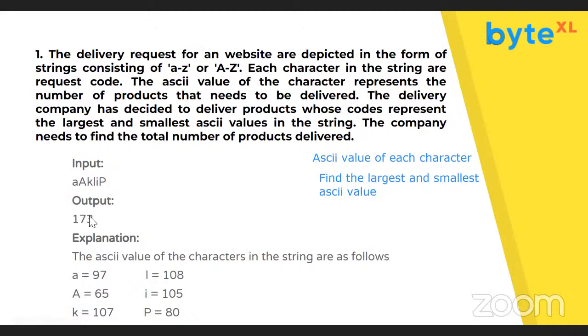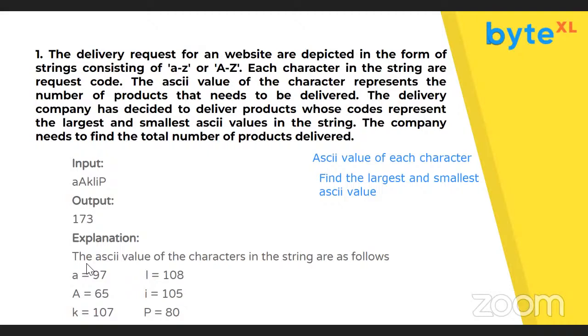The output which they have given is 173. So let's find out all the ASCII values of this particular string. In the explanation, you can find out the reason why 173 was obtained. The ASCII value of small a is 97, and the ASCII value of capital A is 65.